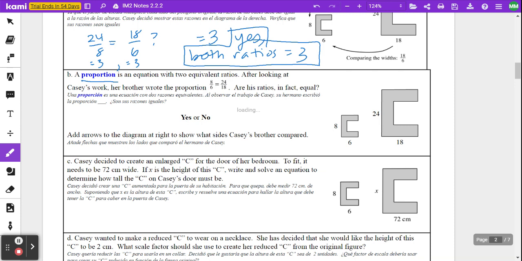Okay, I just use a calculator. 8 over 6 equals 1.3 repeating, and 24 over 18 equals 1.3 repeating. Yes, they equal the same thing. 8 over 6 equals 24 over 18. Okay, they're equal. Great.